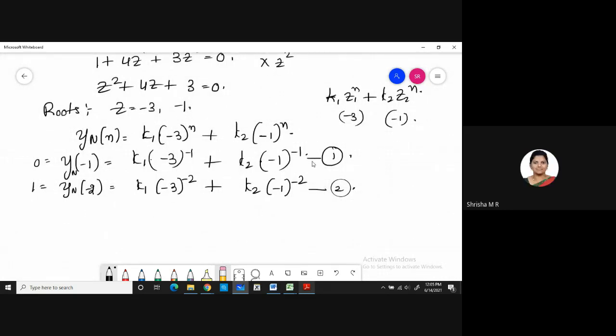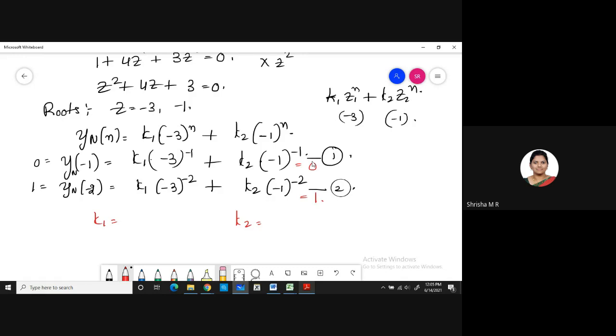Now solve this. Equate the first equation to 0 and the second equation to 1 and find out K1 and K2. Tell me what K1 and K2 are. You can solve it in the calculator. Yes, what is K1, K2? 9 by 2 and minus 3 by 2.